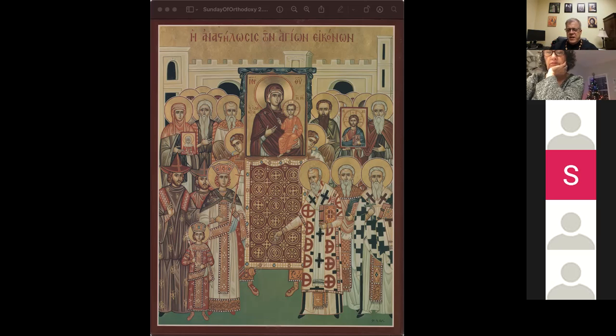So Theophilus, the iconoclast, died in 855. And then Theodora was able to restore the icons after that. She was an Armenian, which happens a lot in those days.